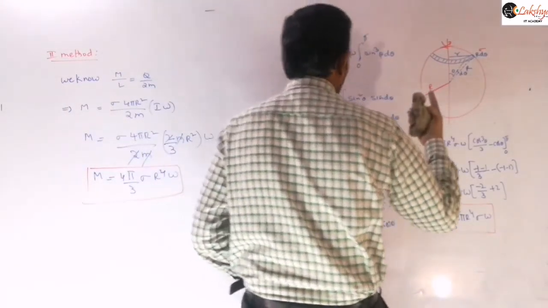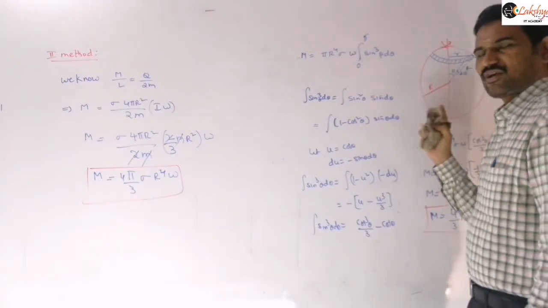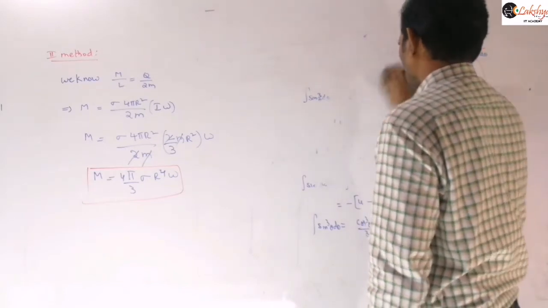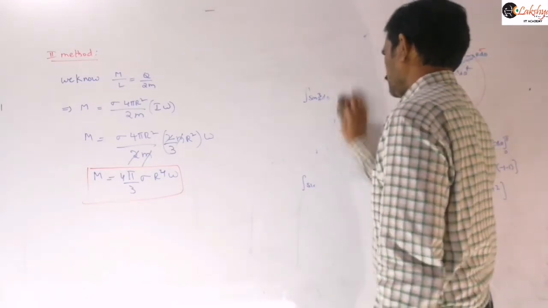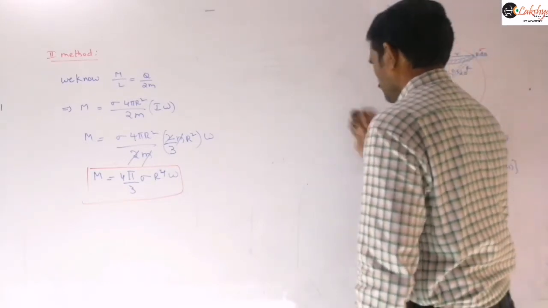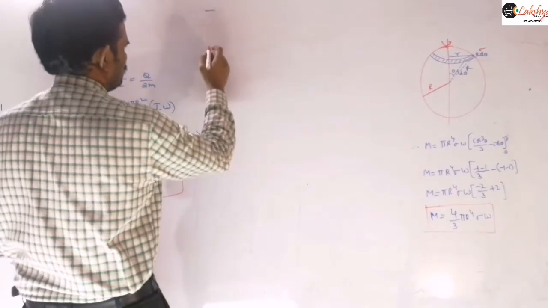This is a conducting solid sphere. So now this is a hollow sphere here. For a hollow sphere, charge will be distributed on its surface, right? So you may mention this as a note.